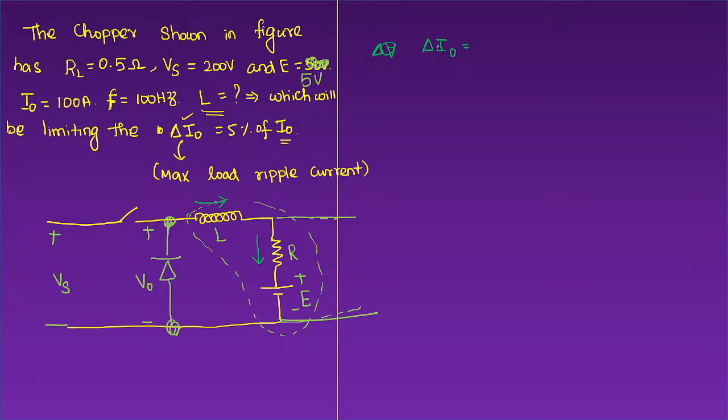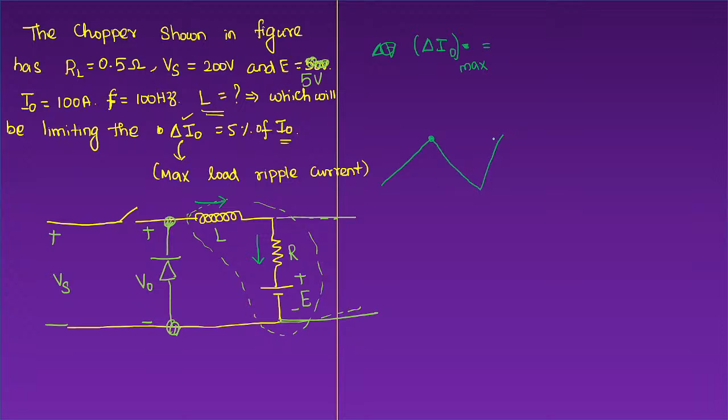How will you write this? We should focus only on the maximum ripple current. You have to understand this. Del I naught maximum. We should focus only on the maximum value, not upper to lower limit. Maximum ripple current means our inductor current will be charging, reaching its maximum value, then going to minimum value again.